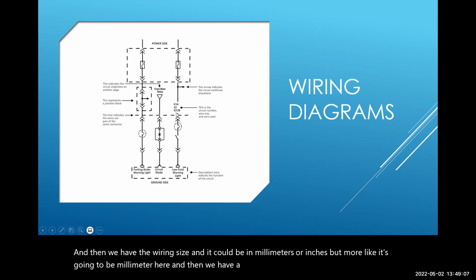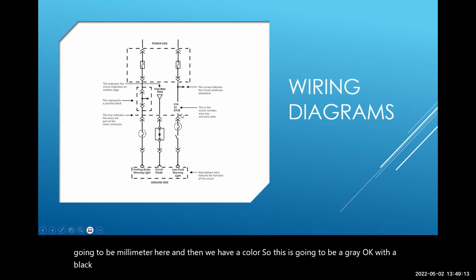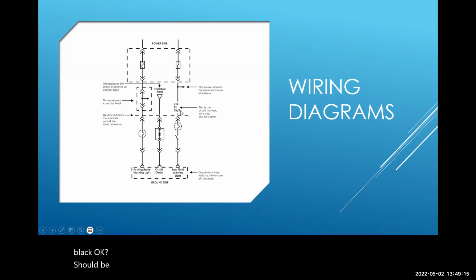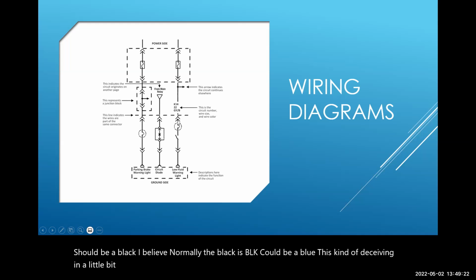This is going to be a gray with a black, and it should be a black, I believe. Normally black is BLK, or it could be a blue. This is kind of deceiving a little bit here, and we would have to go into a wiring code chart and figure out the rest of it.